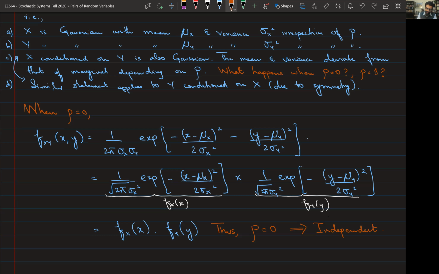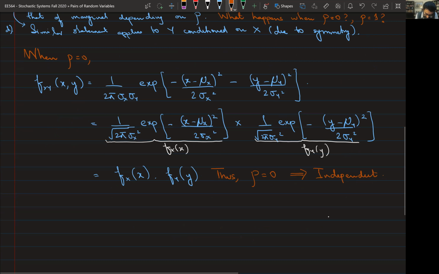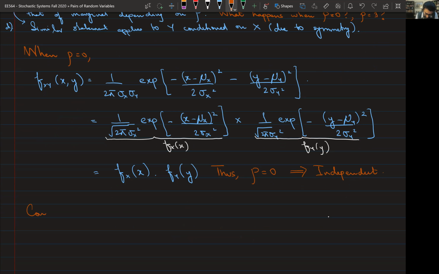Okay, so a conclusion. Conclusion here is, for jointly Gaussian random variables, the variables x and y are independent if and only if they are uncorrelated, right?